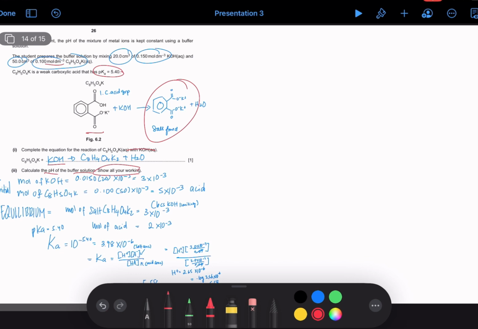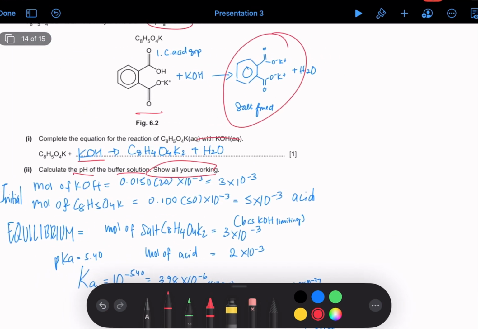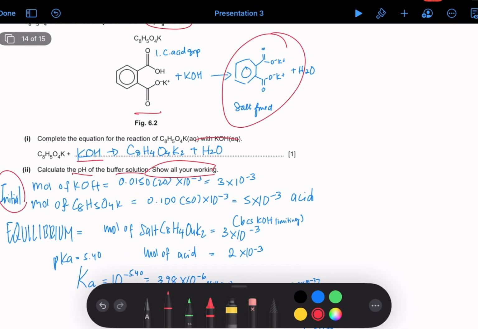Alright, calculate the pH of the buffer solution. Show all of your workings. So this one is actually not that difficult, but it's very time consuming and a lengthy process. What you want to do first is find the initial mole of KOH and C8H5O4K. You do this by multiplying the concentration with the volume. Make sure it's in decimeter cubes so you have these two values.